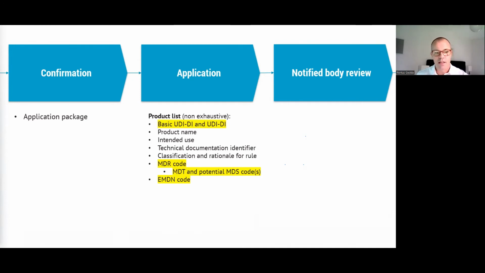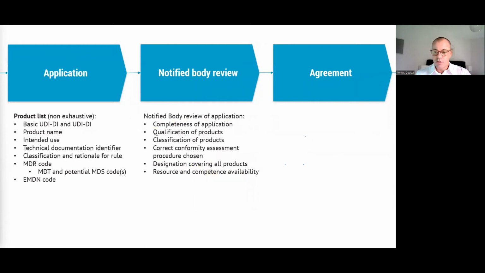So here we see those MDR codes and EMDN codes and the basic UDI-DI. The notified body now needs to thoroughly go through all this data in the application to ensure that the data is available and correct, and that the notified body also has the competence available of personnel to perform the activities covered by the application. So that is a requirement.